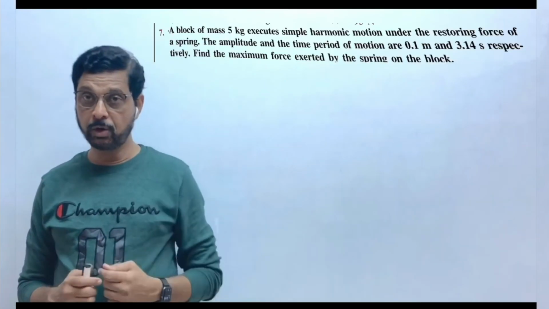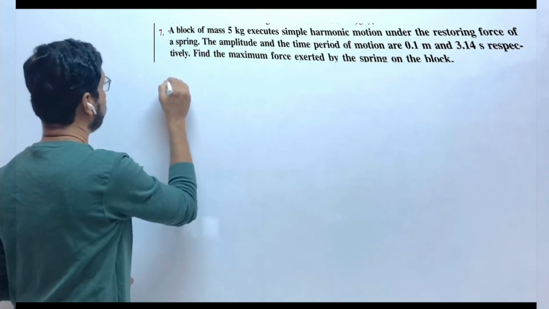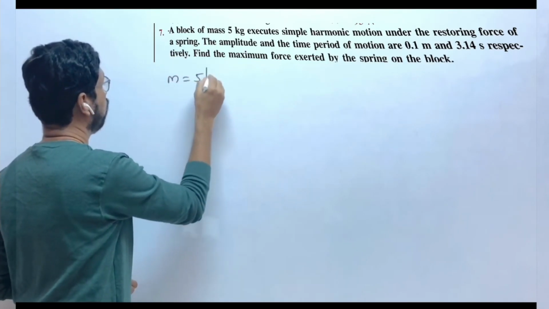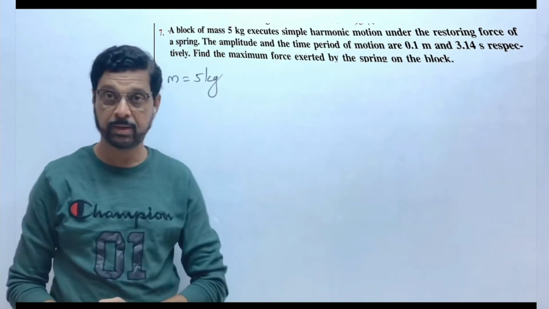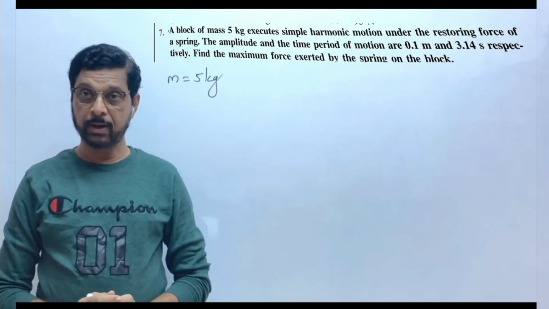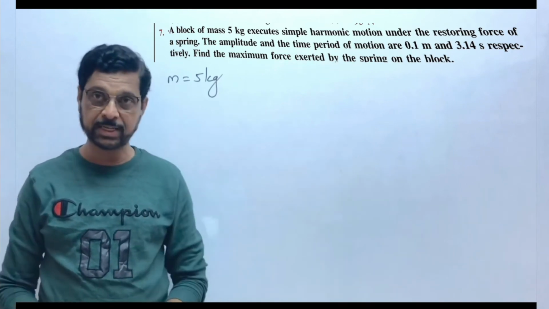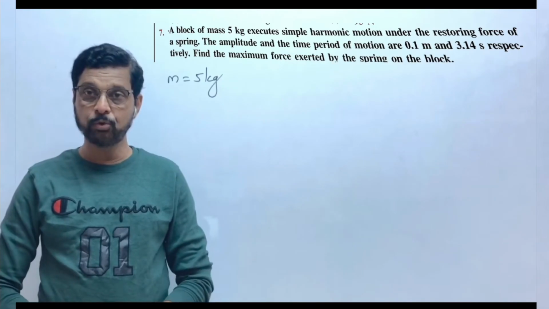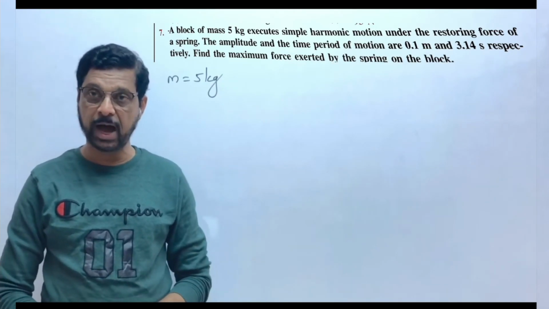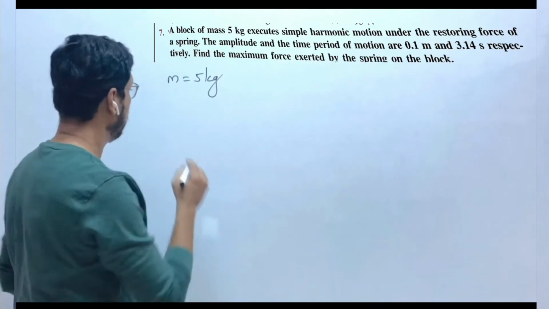A block of mass 5 kg executes simple harmonic motion under the restoring force of a spring. The block is attached to the spring. The amplitude and time period of motion are 0.1 meter and 3.14 second.